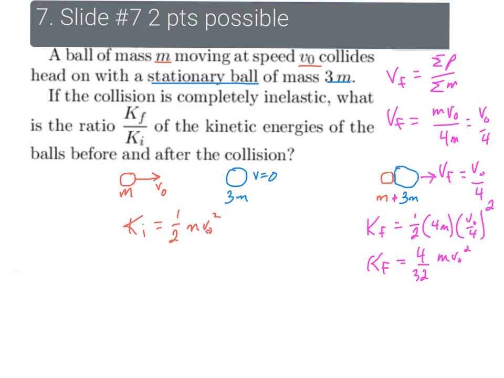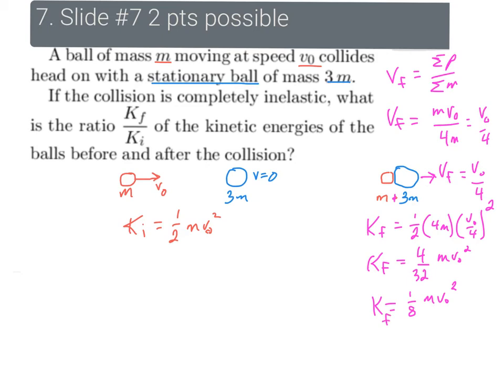Okay, so we could clean up that fraction. So 4 goes into 32 8 times. And so this would be 1/8 m v0 squared. So that's Kf.